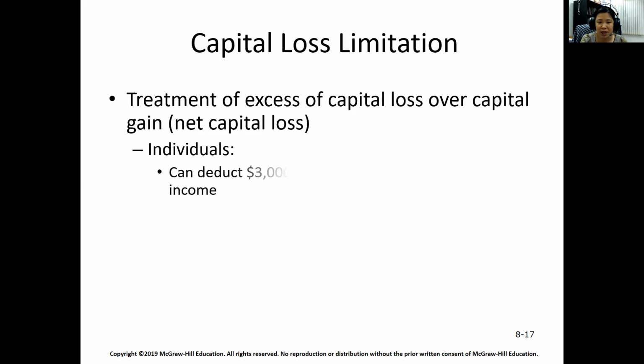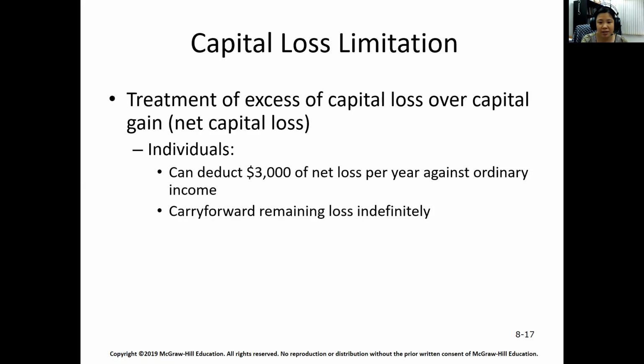The government allows the individual to deduct capital loss up to $3,000 per year. So if you lost 5,000, the maximum that you can deduct for that year will be only $3,000, and the rest you can carry indefinitely into the future if you are an individual.